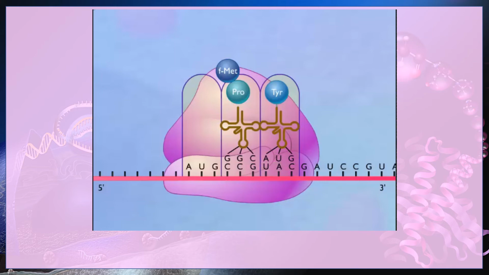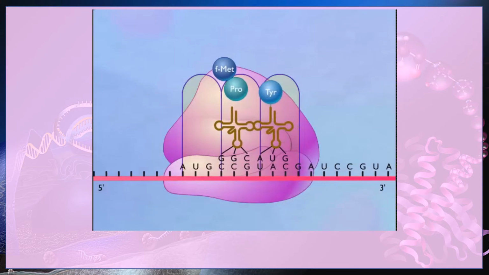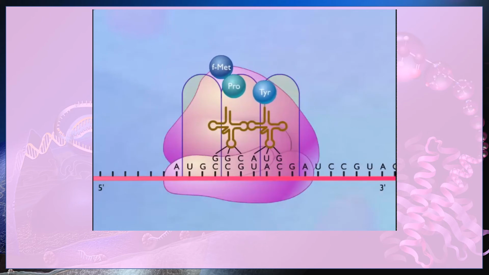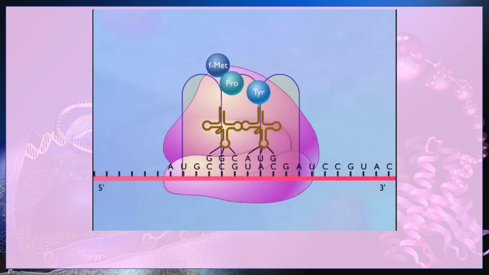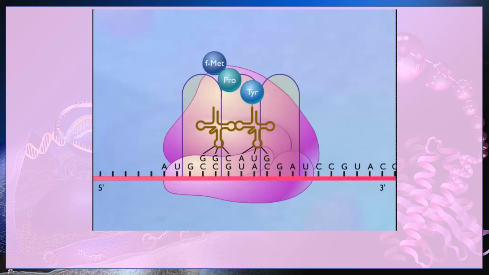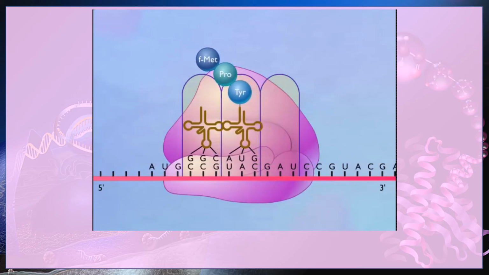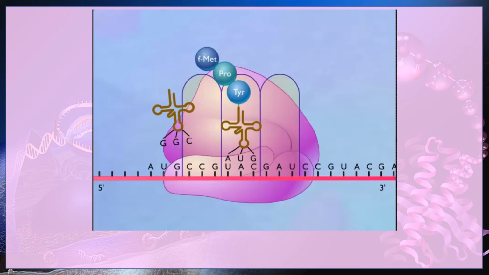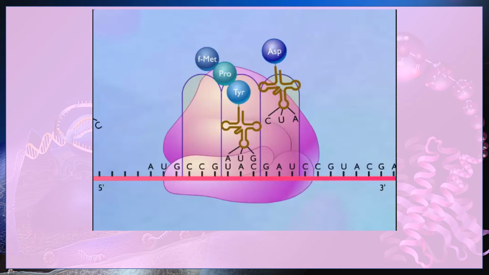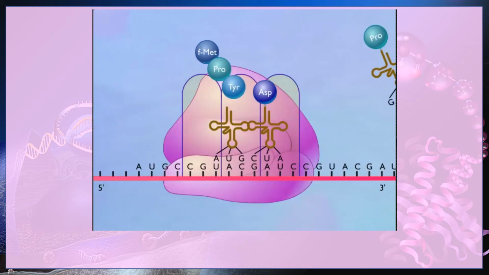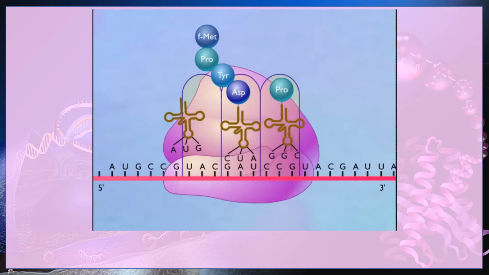The ribosome shifts down by a distance of 1 codon. As the shift occurs, the 2 amino acids on the transfer RNA in the P site are transferred to the new amino acid, and the second transfer RNA is released from the E site. The ribosome continues to move along the messenger RNA, and new amino acids are added to the growing polypeptide chain.